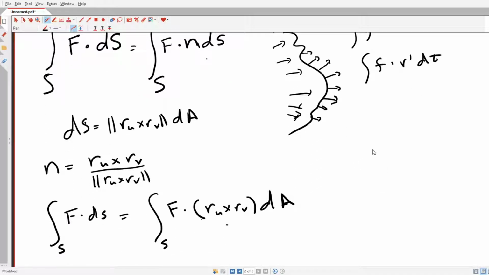Another example, maybe you have a cup filled with, I don't know, coffee, or a mug filled with coffee. There's going to be heat on the inside and it's going to be flowing outwards.